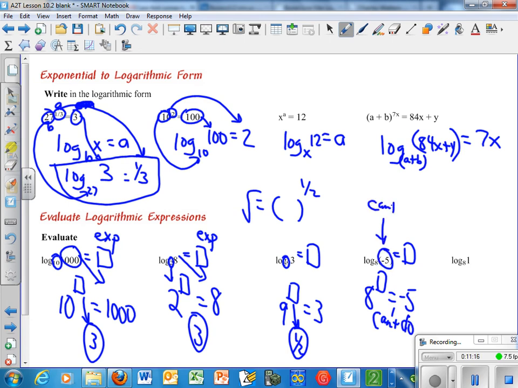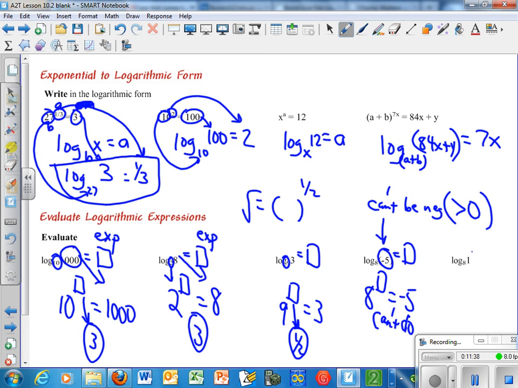This can't be negative. That number right there has to be bigger than 0, and it's not. So that's impossible. You can't take the log of a negative number. It has to be a positive number there.